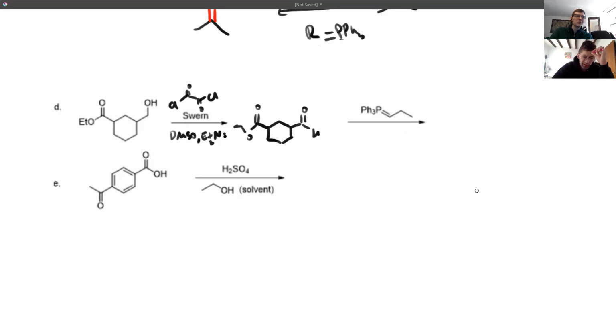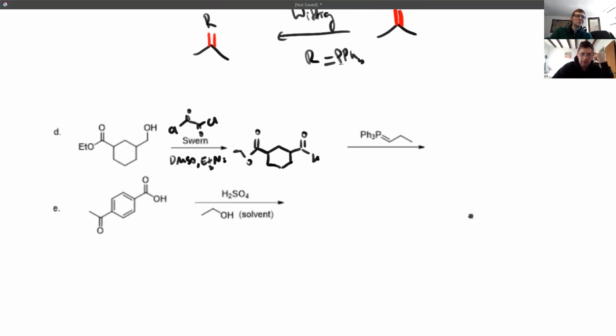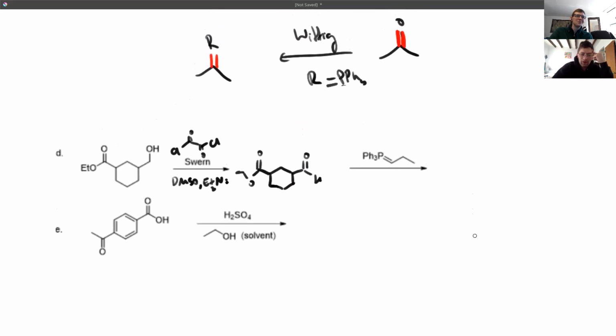This will replace carbonyl oxygens with our R group, right? Yes. Exactly. So then what is the R group? The R group is propane. Yeah, exactly. So we're splitting here.